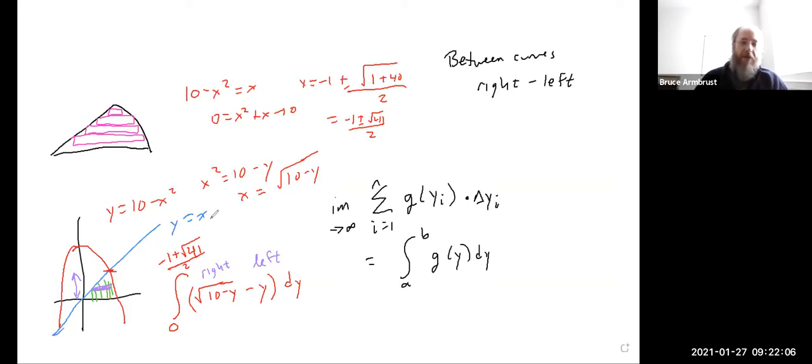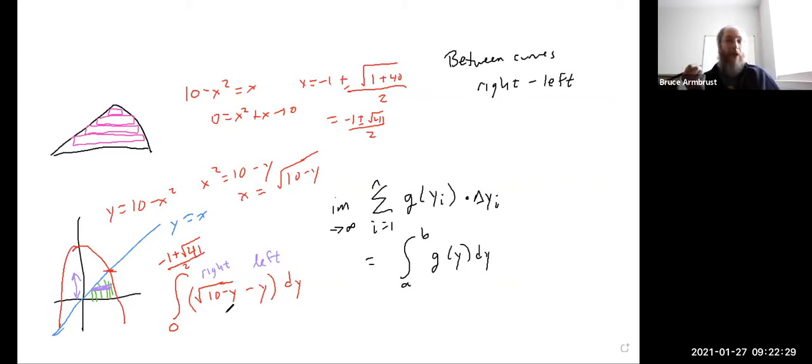Okay, so this is a horrible number. That's because of what I chose initially. But the whole point of this is that now we can just do one integral instead of two. And sometimes that's easier. Now this one's actually not easier. We don't actually know how to integrate the square root of 10 minus y.